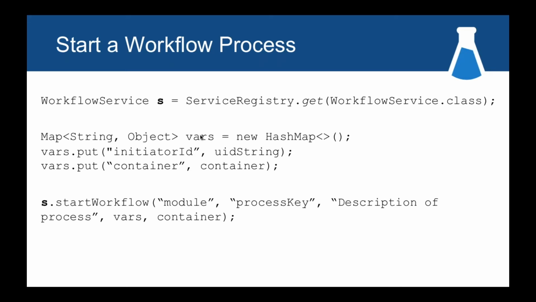This is just a small set of standard variables, but you will probably also want to attach some identifiers for objects that are being worked on within the workflow. And then you call start workflow. You give it the module in which you are starting the workflow, the process key so that it can find it in that module, and then a description of the process, the variables, and the container in which you are starting the workflow.